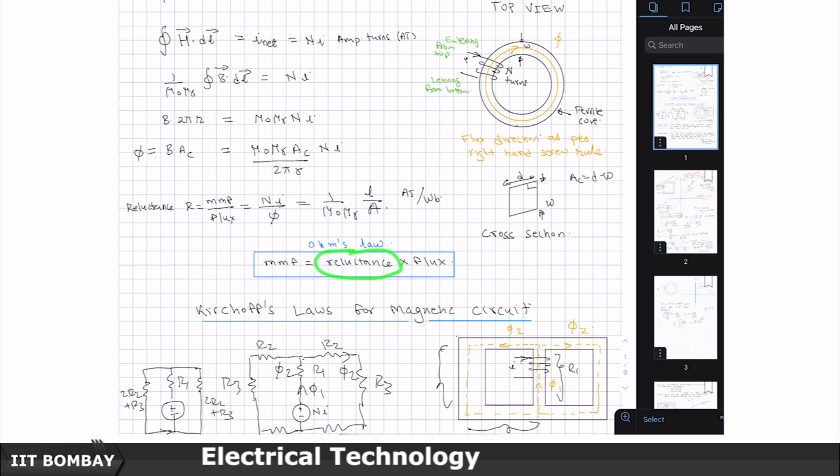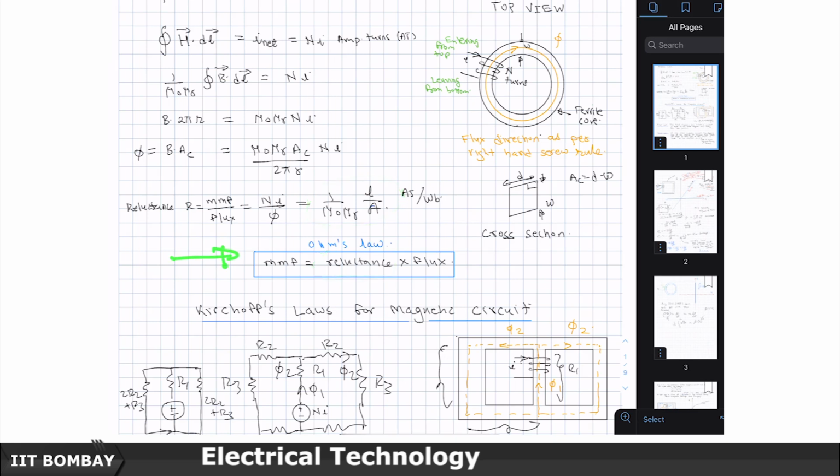Similarly, here there is a certain reluctance, if not resistance, since it is not directly a lossy element like a resistance is, but you can imagine a reluctance to setting up the flux, otherwise the flux would go to infinity, and that reluctance is this. So, this quantity analogous to resistance is called reluctance.